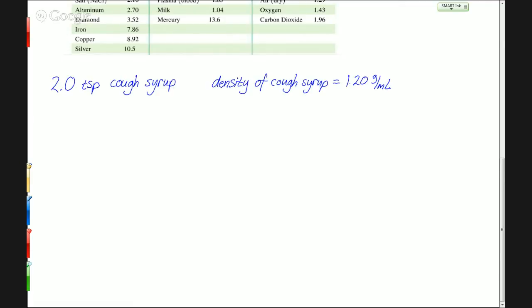And then the question is, what is the mass of the cough syrup?